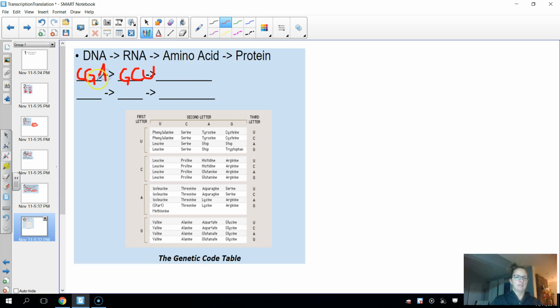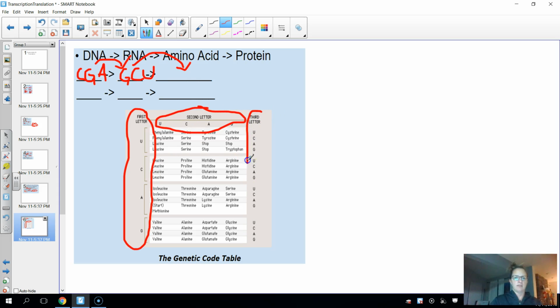DNA gets transcribed into RNA, and then the RNA gets translated into an amino acid. How do you figure out what amino acid it is? This side here is all of the first letters, this here is the second letter, and this is the third letter.